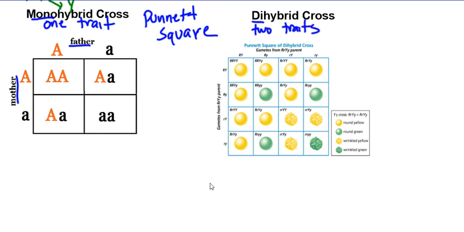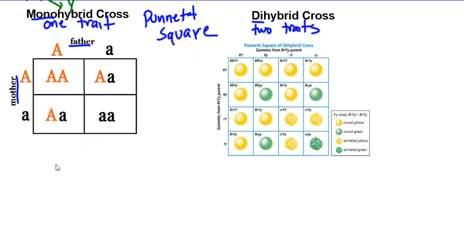So 2 traits, that is now leading to 16 squares. Same thing, we have 1 parent across the top, 1 parent across the bottom. And as you get bigger and bigger in terms of more variables with traits, your Punnett square is going to get bigger and bigger as well. And a lot more options in terms of what's happening.